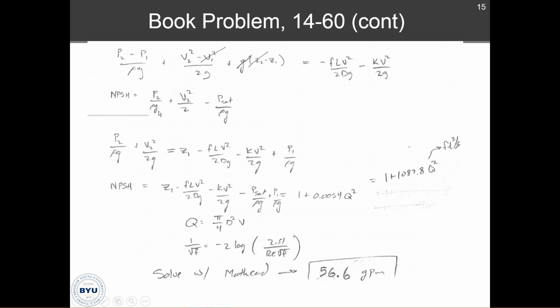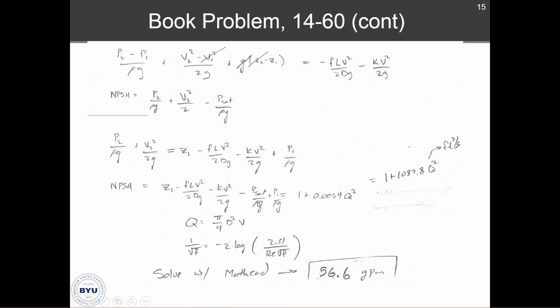Once we've crossed off V1 and Z2, we rearrange this so that we have the new and updated energy equation. And then we recognize that one of the terms in the net positive suction head is P2 over rho G. So we can solve this equation for P2 over rho g and then insert that equation right here. And that's what we've done.